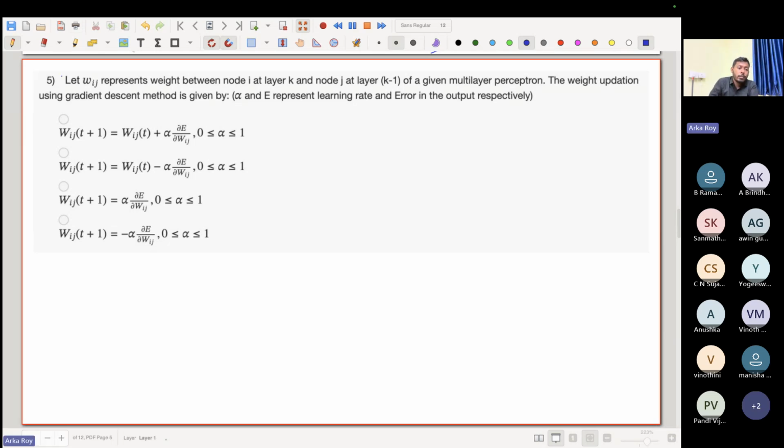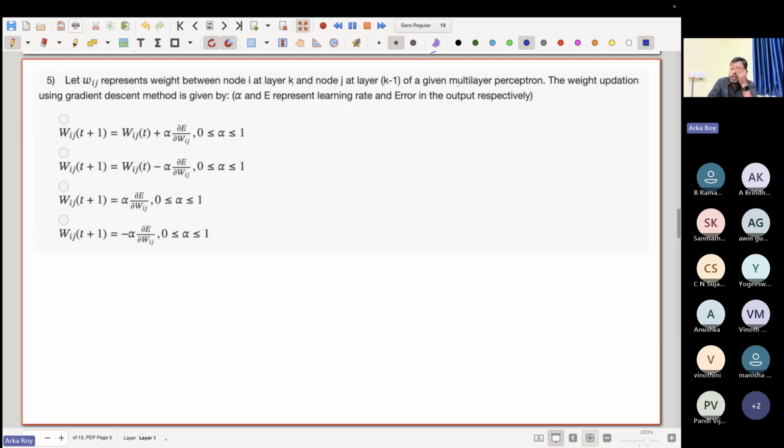Okay. So the next question states that let Wij represent the weight between node i at layer k and node j at layer k minus 1 in a given multi-layer perceptron.